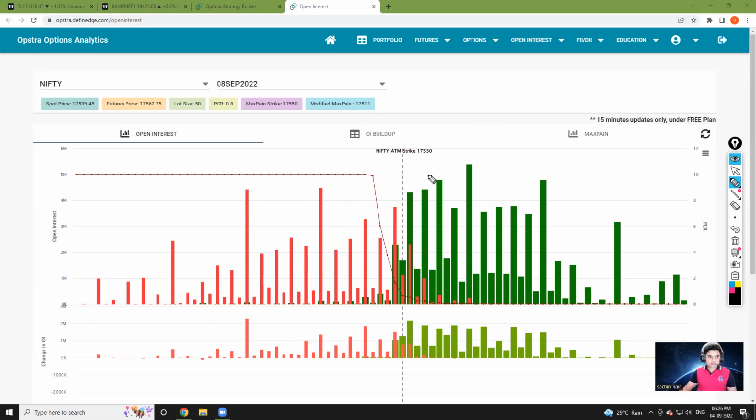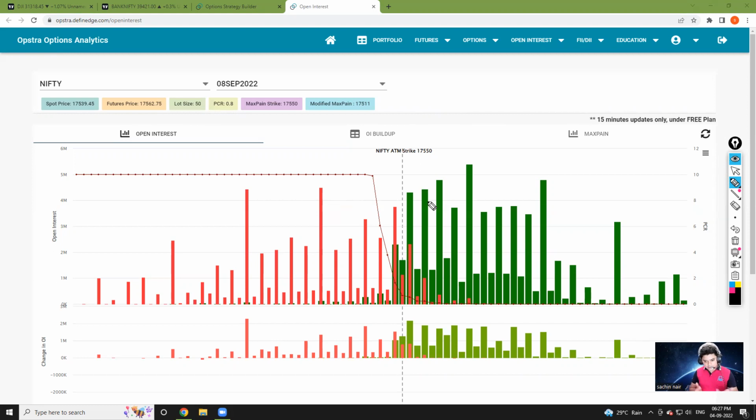Short straddle क्या होता है कि हम सेम एट द मनी का कॉल और पुट दोनों बेच देते हैं और एक रेंज बनाते हैं. But when we know that the market is not going to be in a range, market is going to break out either on the upside or on the downside. ठीक है, अभी हमारा bias towards the downside ज्यादा है, but you never know, it can be either side. So in that situation, a long straddle is a very good strategy to execute.